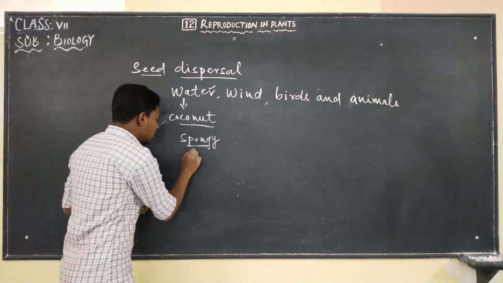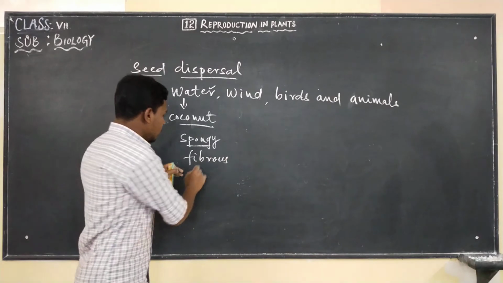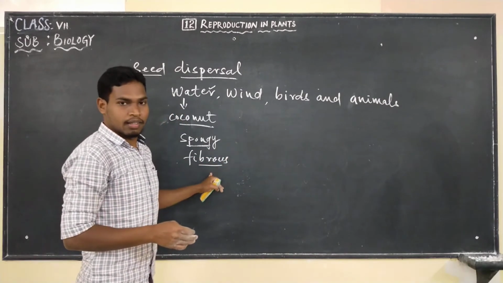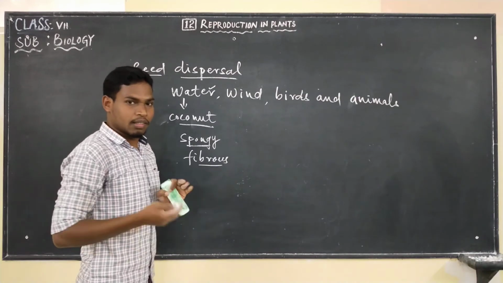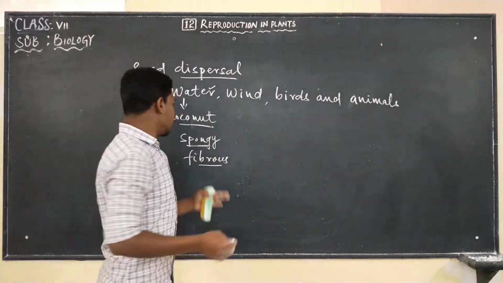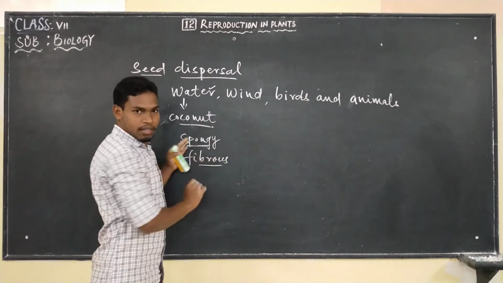Why? Because this is adapted to float in the water. That's why by floating they are transferred from one region to another region. So through water we can see coconut.